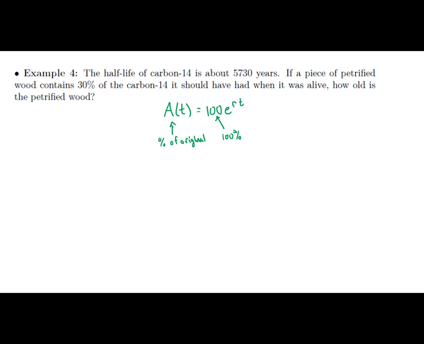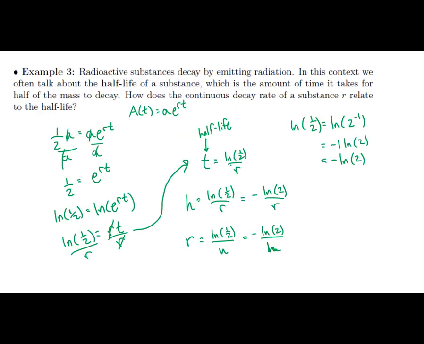Now, what I am allowed to do now, because of what we just discovered, is if I go back to that previous example, we already know what form R should take on, right? It should be either the natural log of a half divided by the half-life or the negative natural log of 2 divided by the half-life.